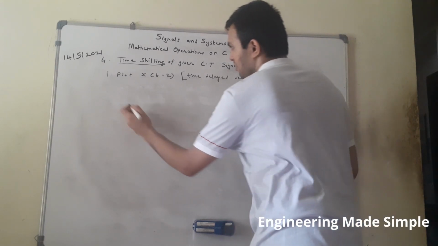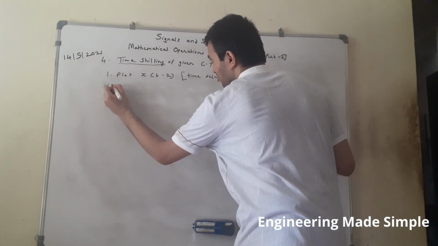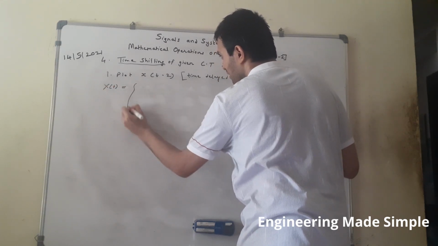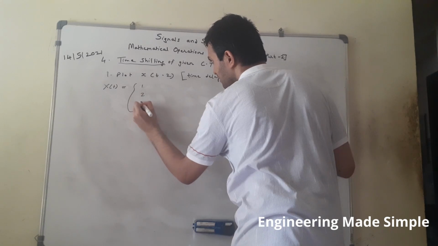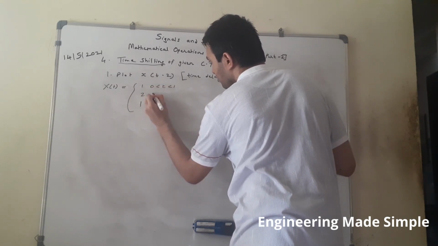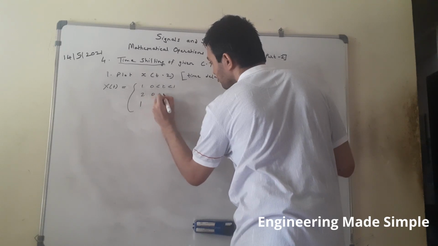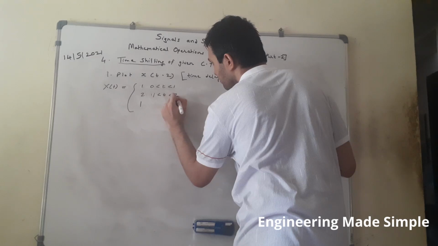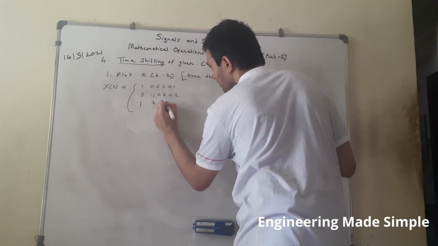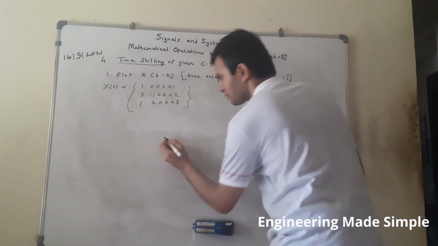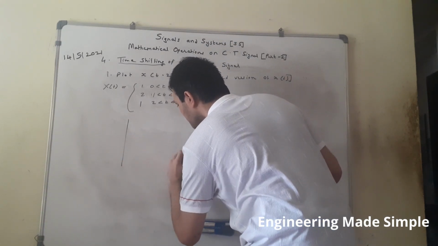Now what is our x of t? x of t will be the same signal that we were discussing throughout this lecture and the previous lecture also. So I will define the signal x of t. So let us plot it.